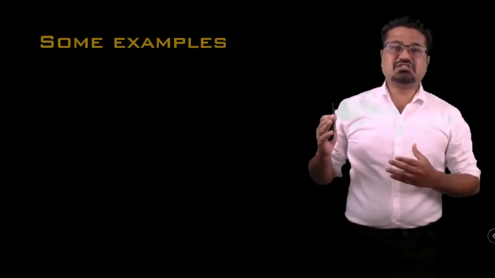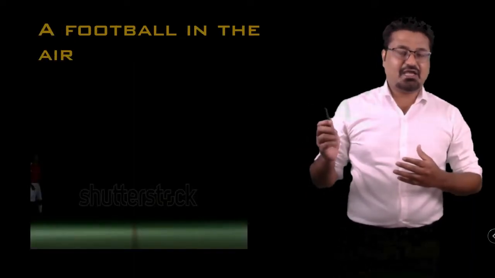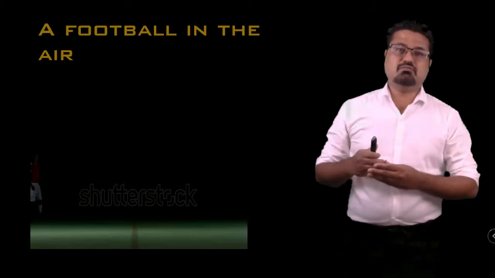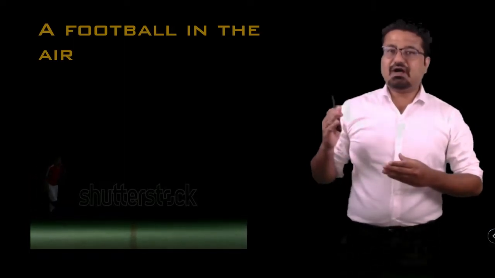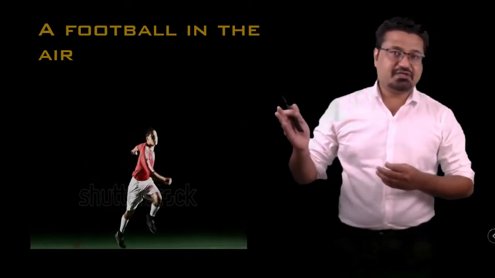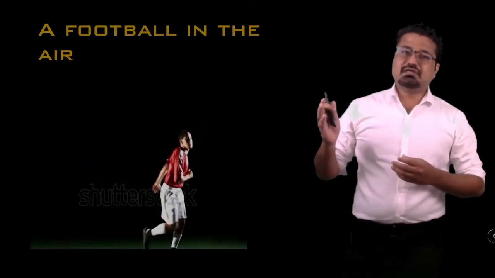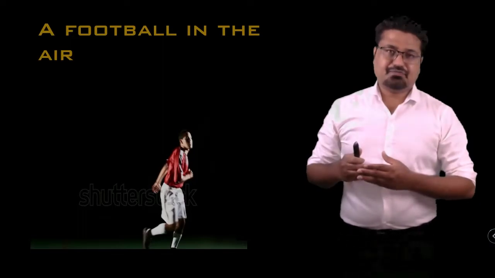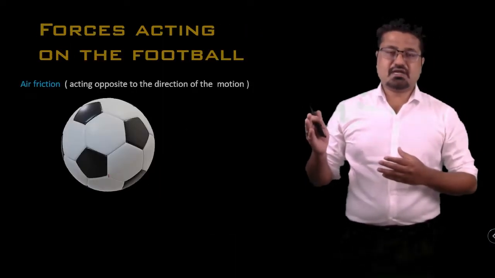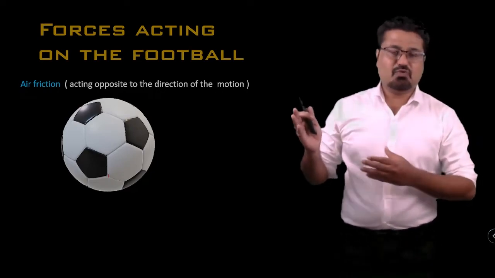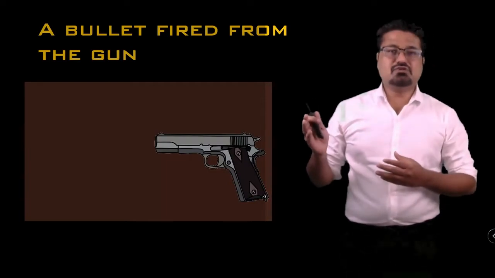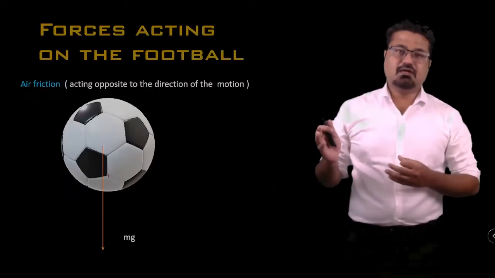Now we will take some examples from our daily life in which objects are in projectile motion. You will find that there is a football which is in flight after being kicked by a player, and the forces which are acting on this football are gravity, and the second force is air friction.